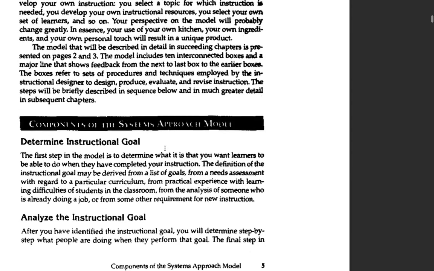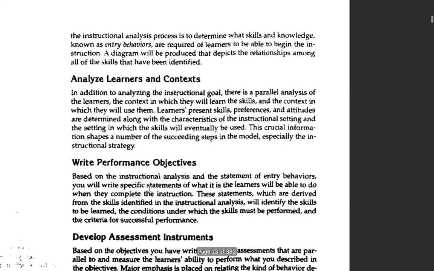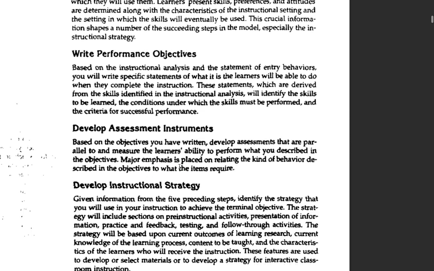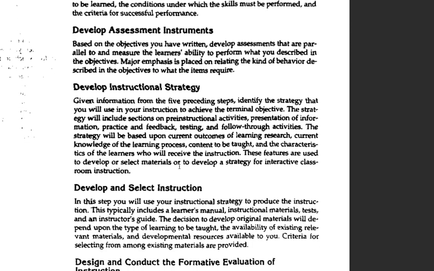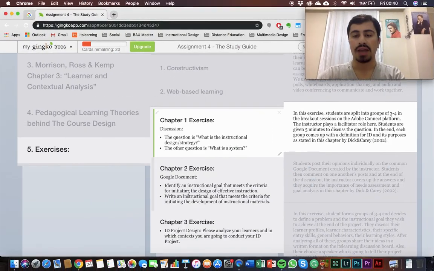Their ADDIE model: determining instructional goals, analyzing the instructional goal, analyzing learners and context, writing performance objectives, developing assessment instruments, and strategies, and so on. Actually, students are supposed to write these strategies, these steps for the instructional design for this week's exercise.